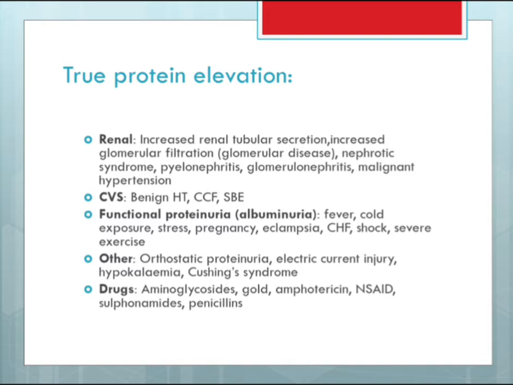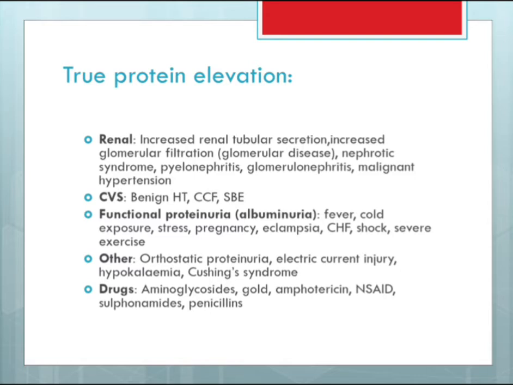True protein elevation is due to renal causes such as increased renal tubular secretion, increased glomerular filtration rate, nephrotic syndrome, pyelonephritis, glomerulonephritis, malignant hypertension. Cardiovascular causes are benign hypertension, congestive cardiac failure.